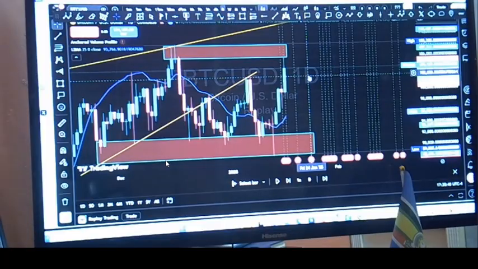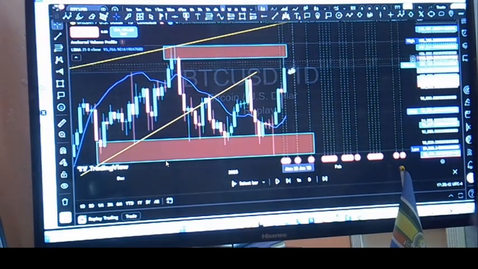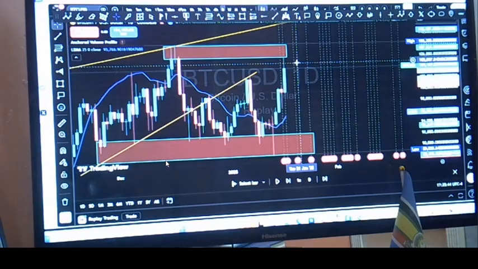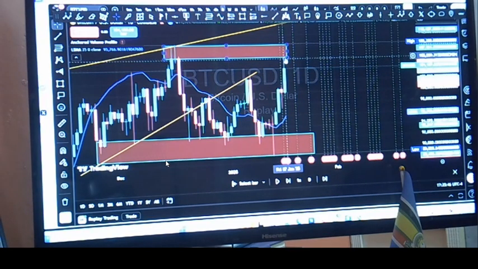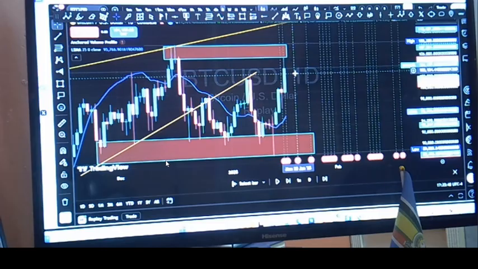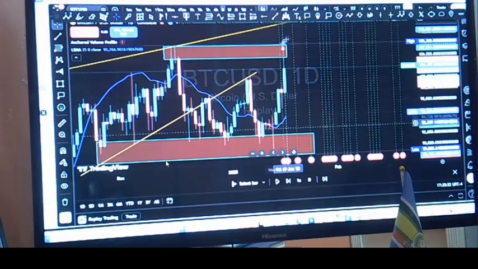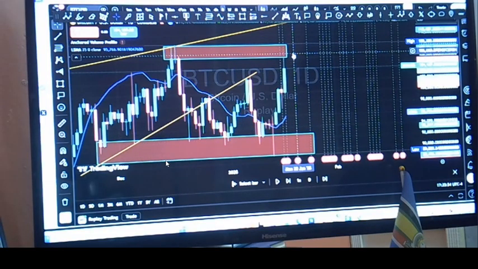So this has hit here. We have to wait for that kind of reverse chart pattern which gives us the momentum to short it. We never short the market when we are at support. We short the market when we are at resistance.